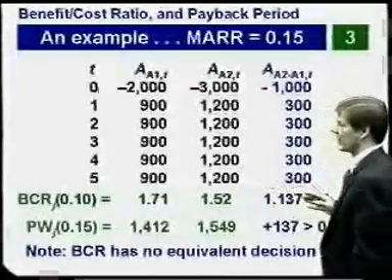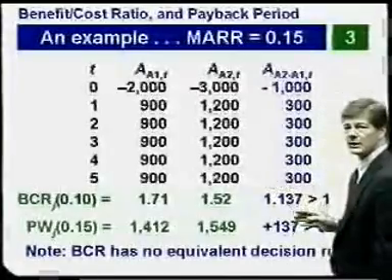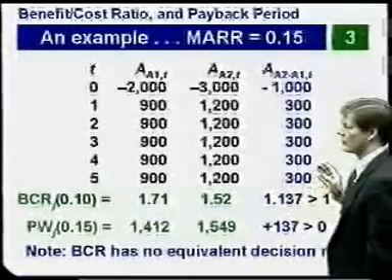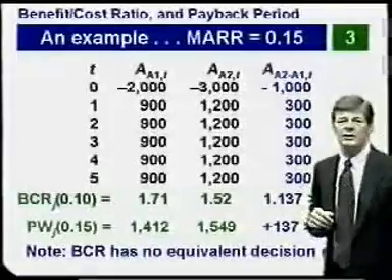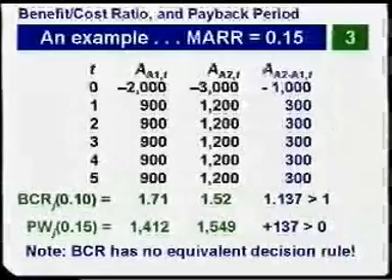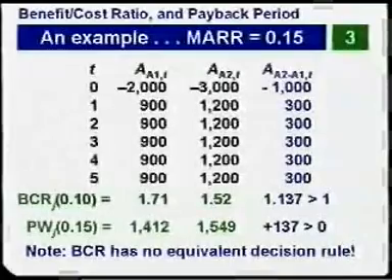Then let's calculate our benefit cost ratio and our present worth. The benefit cost ratio for the incremental cash flow stream is 1.137, which is greater than 1, which says that incremental cash flow stream is an economical course of action.